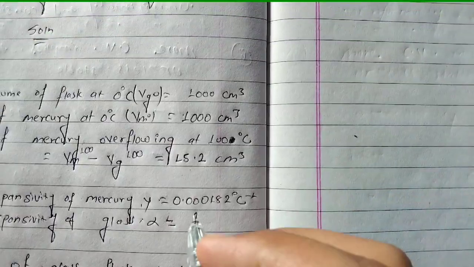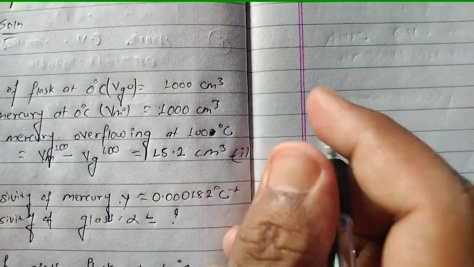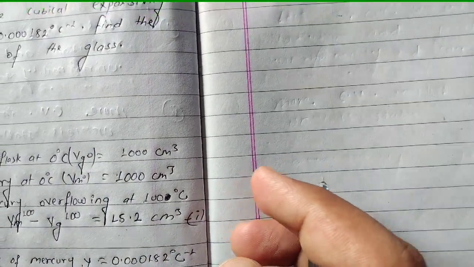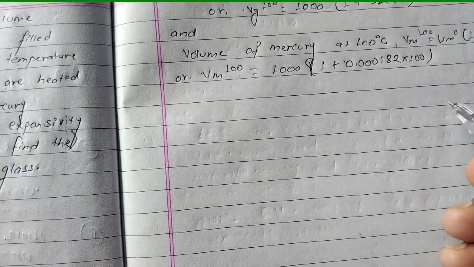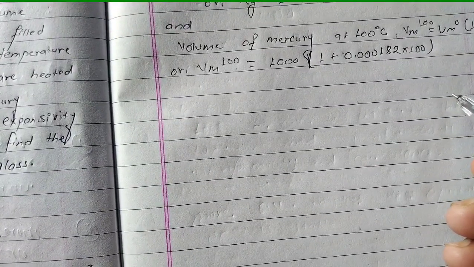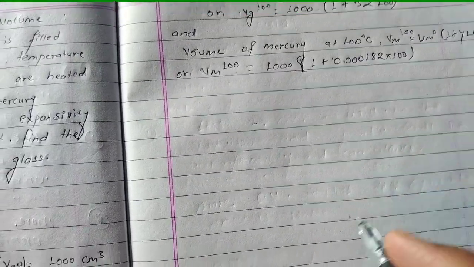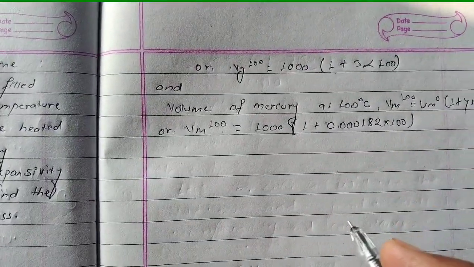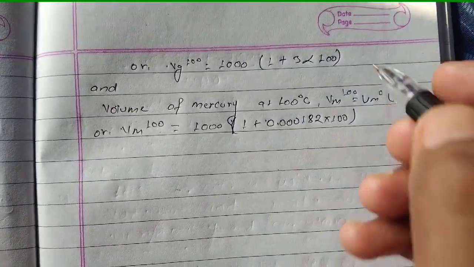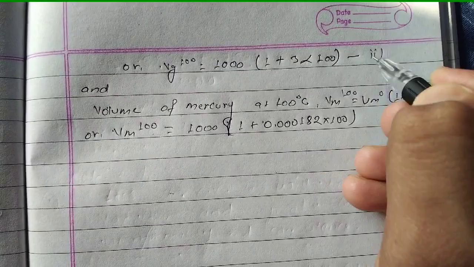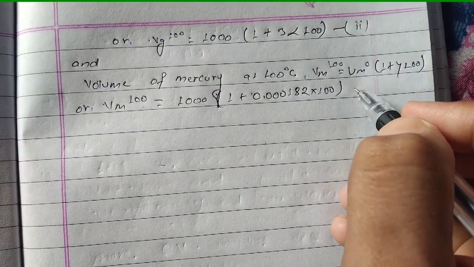Oh, I made a mistake. We have to put equation 1 first, then equation 2, then put equation 2 for the next step, and equation 3.